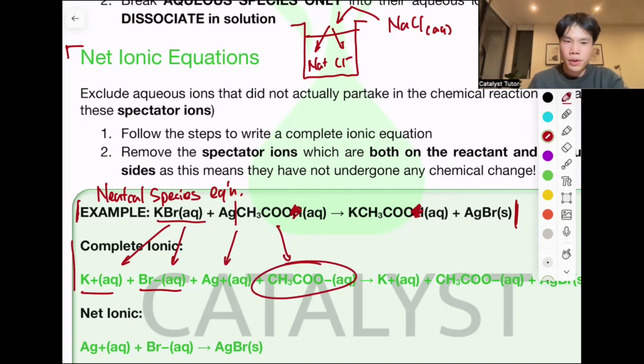Is everyone familiar with CH3COO minus? Someone shout out the name. Going back to the polyatomic ions, I said these become important back in module 1. Acetate.